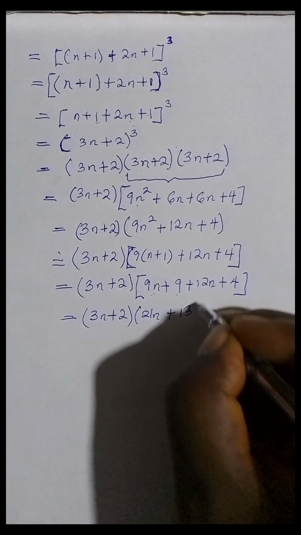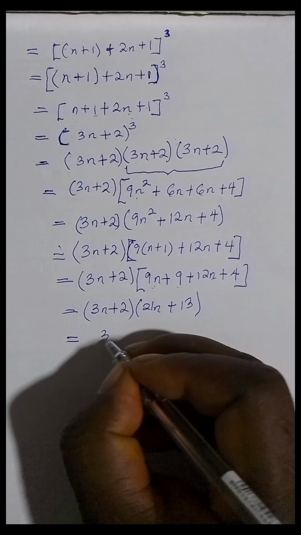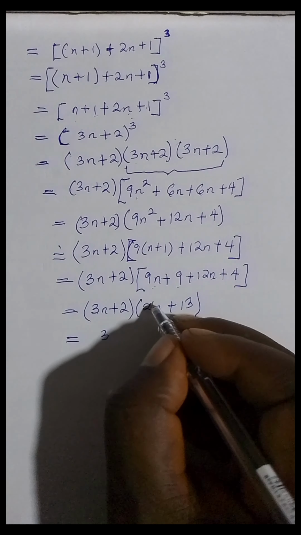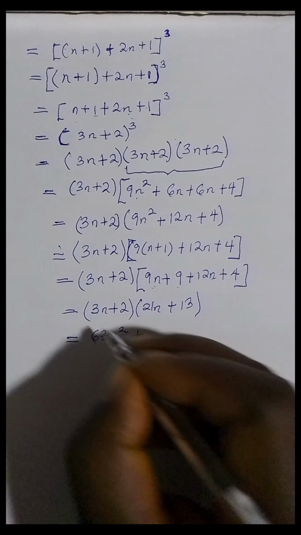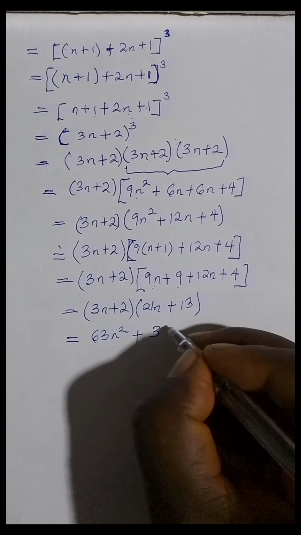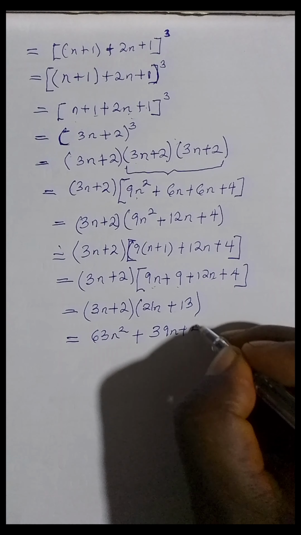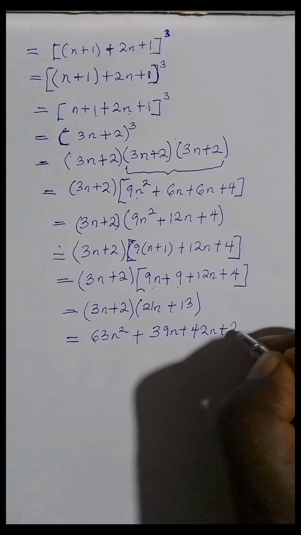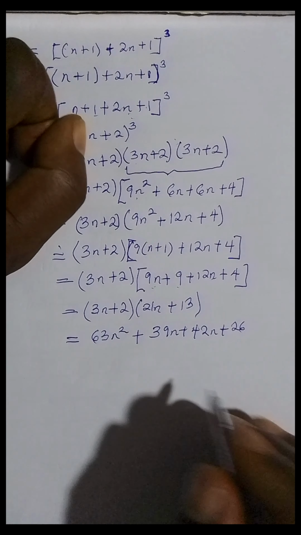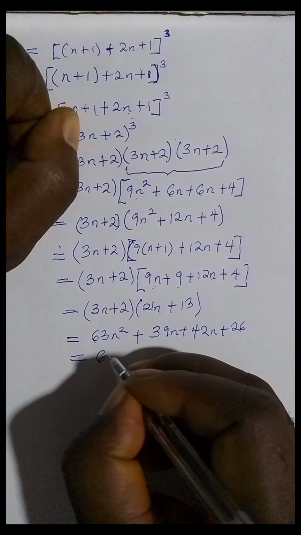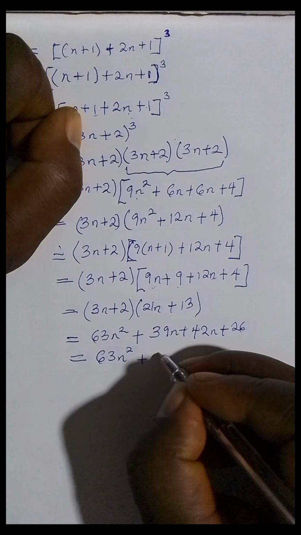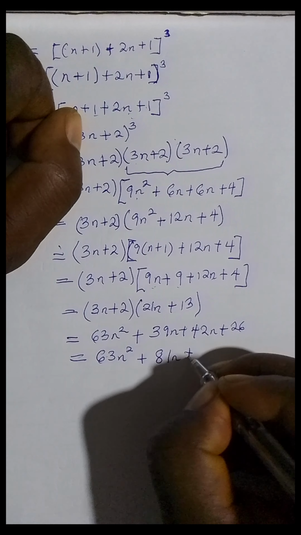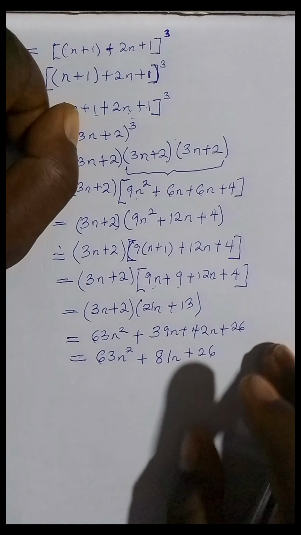So I open up the final bracket now, so that I'll get 3n times 21n, that will be 63n squared, plus 39n plus 42n plus 26. So I have 63n squared plus, this will give me 81n plus 26.